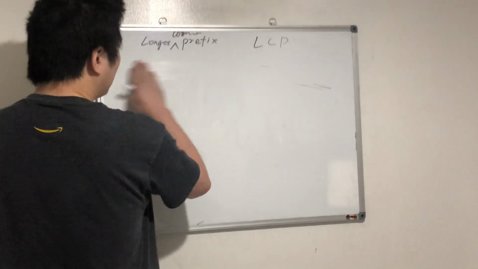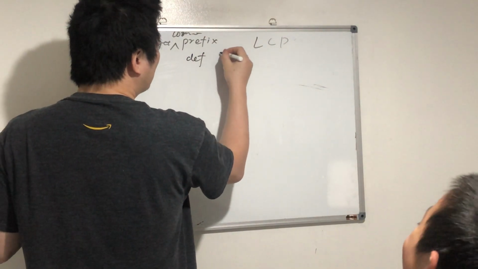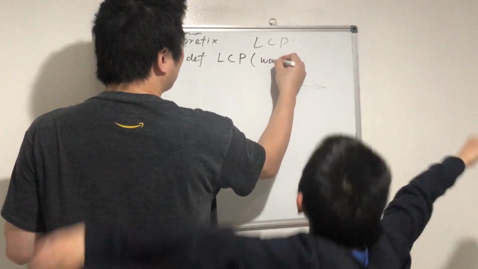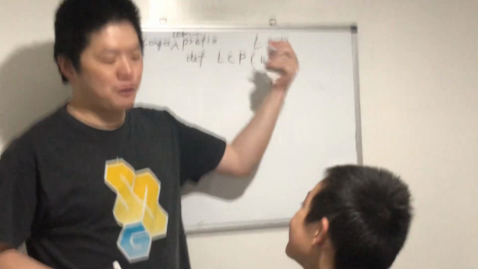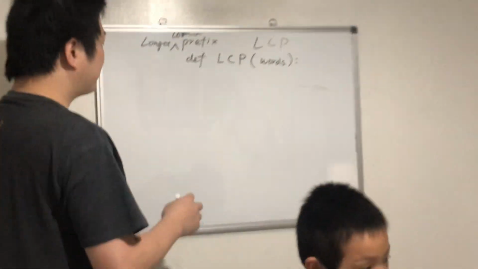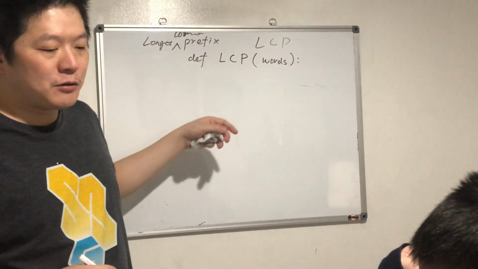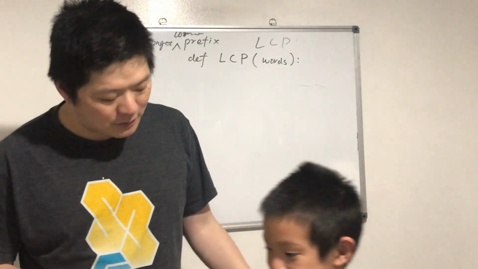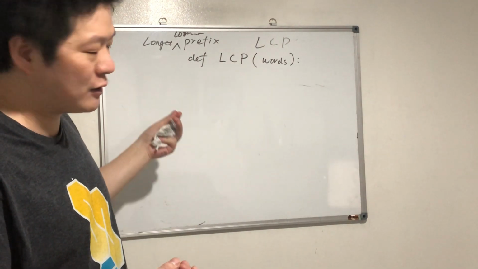Define longest common prefix of words. This words is a list of strings. So at the beginning, what we need to do is find the shortest length of all the strings in the list.